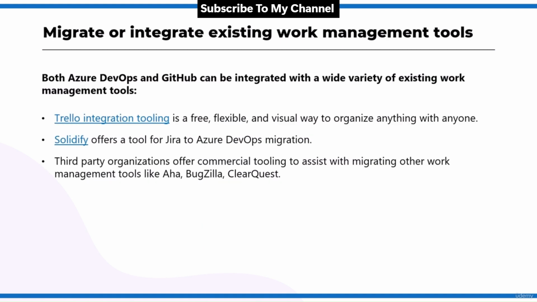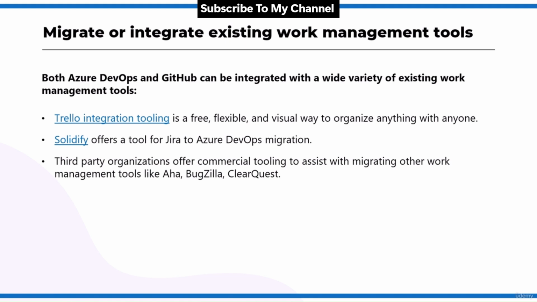Both Azure DevOps and GitHub can be integrated with different kinds of work management tools. As an example, in Visual Studio Marketplace, Microsoft offers Trello integration tooling. It is a free, flexible, visual way of organizing anything with anyone. We have Solidify, which offers a tool for Jira to Azure DevOps migration.